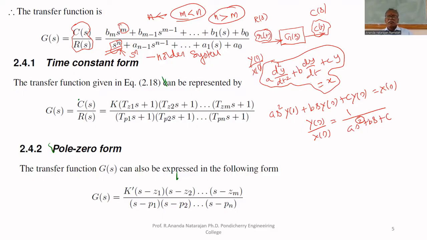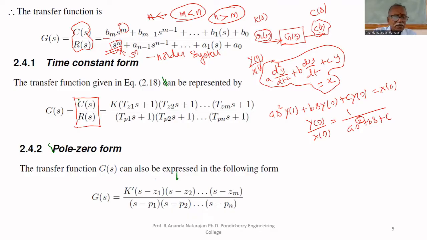For all physically realizable systems, the denominator degree will be higher than numerator degree. N always greater than m. Then only it is physically realizable. Otherwise, it may not be a physically realizable system. If a physical system is available, definitely its mathematical model will have denominator degree higher than numerator degree.